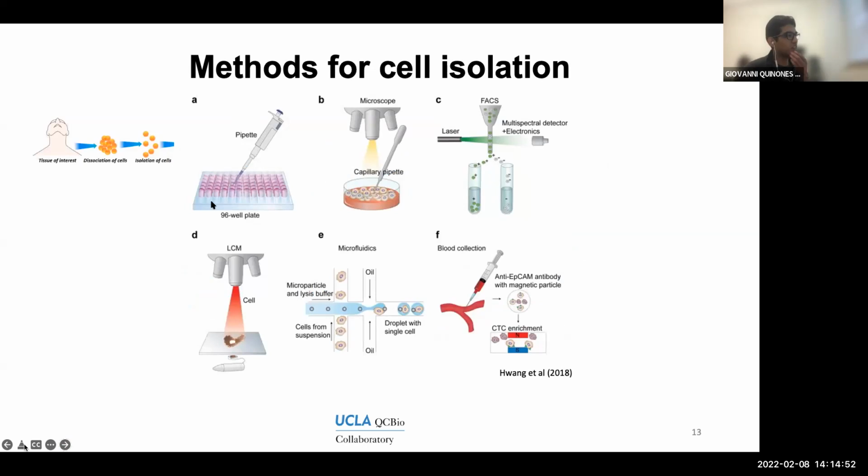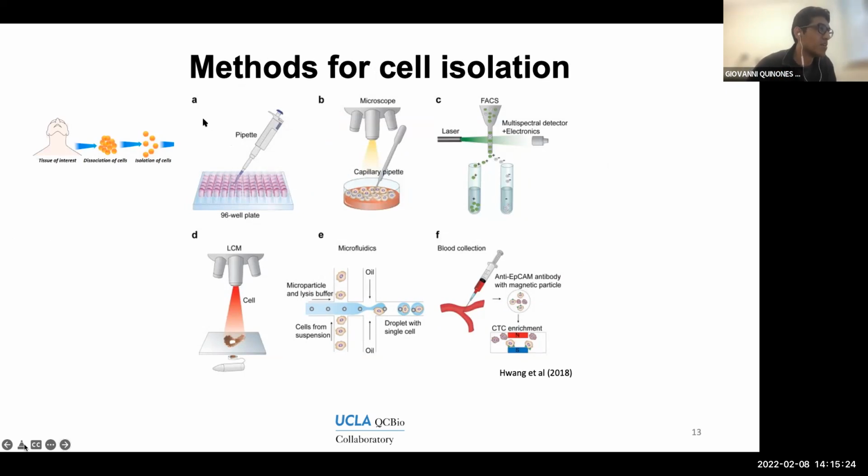Now, we're going to focus on this first part, which is the methods for cell isolation. If you remember the previous diagram, this is the part where, once we have dissociated cells from the tissue bulk, we want to obtain individual cells in order to sequence them. In this study from 2018, they highlight some different approaches to do this.